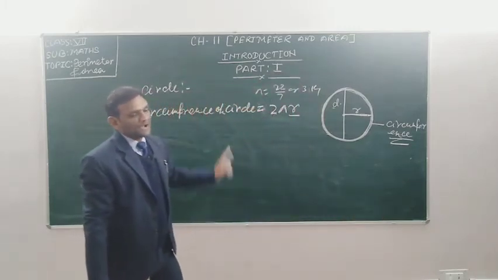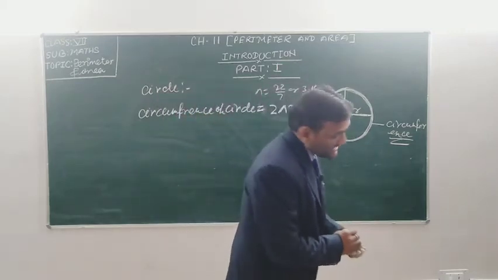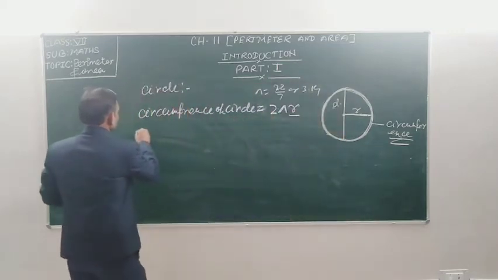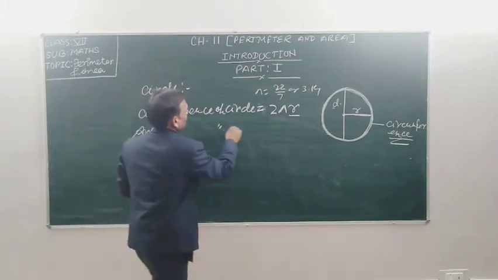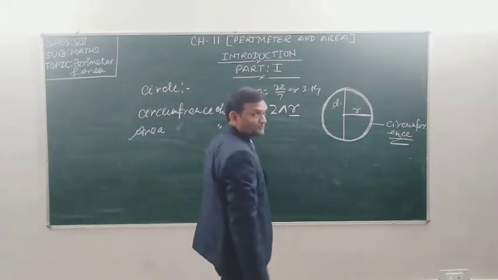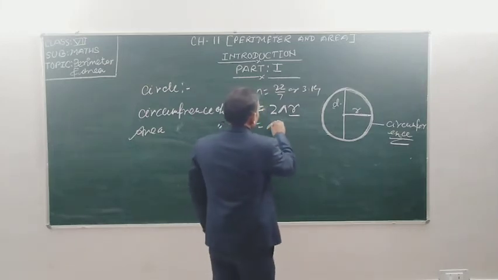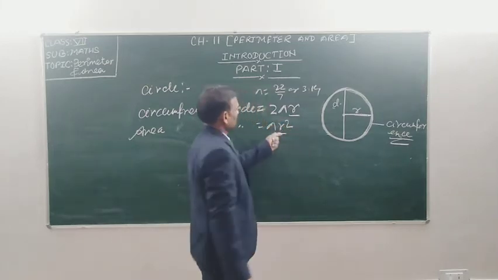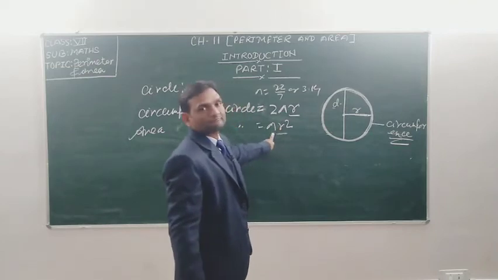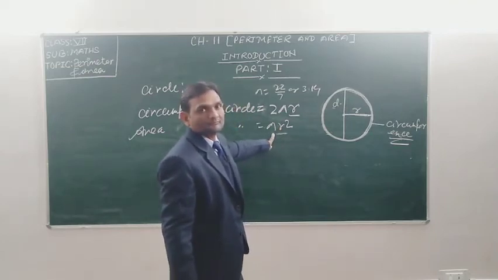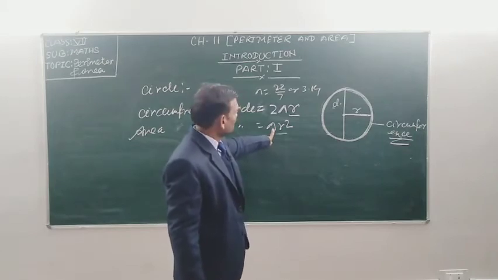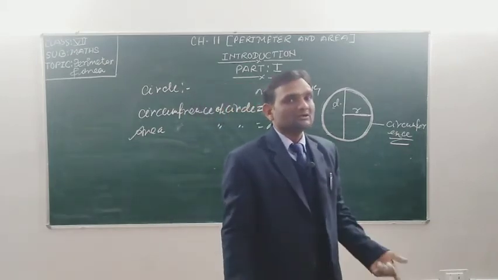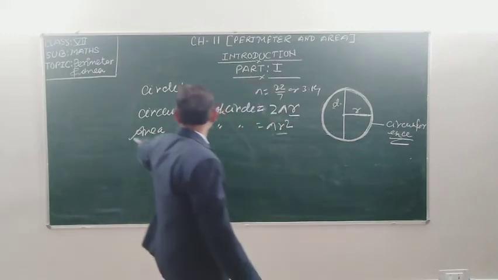And next, area of the circle is pi r square. The value of pi is 22/7 or 3.14 and r will be given in the question. So you can find out the area.